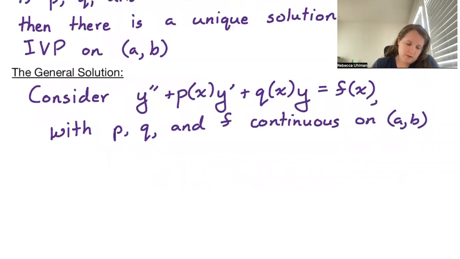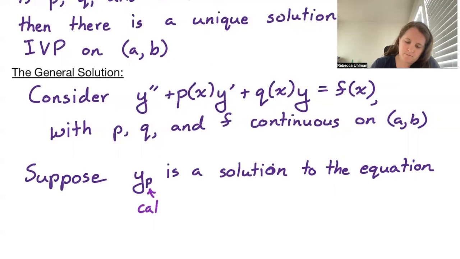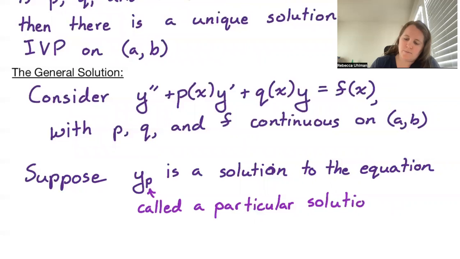Now let's suppose that yp is a solution to the equation. We often refer to this as the particular solution, hence y sub p.